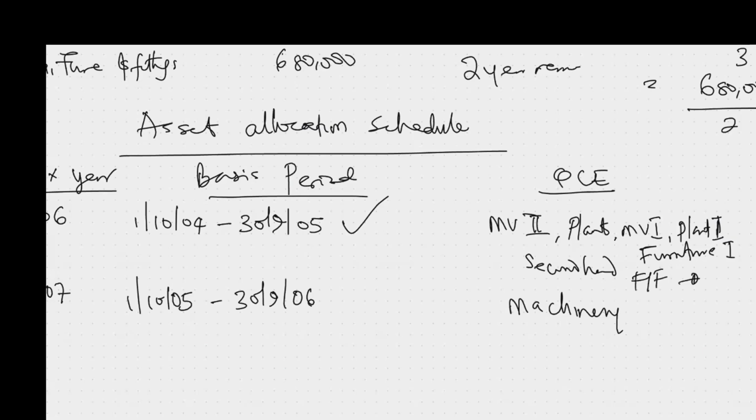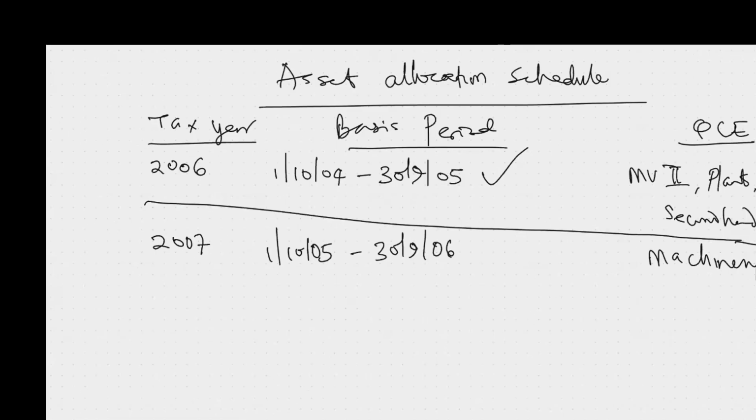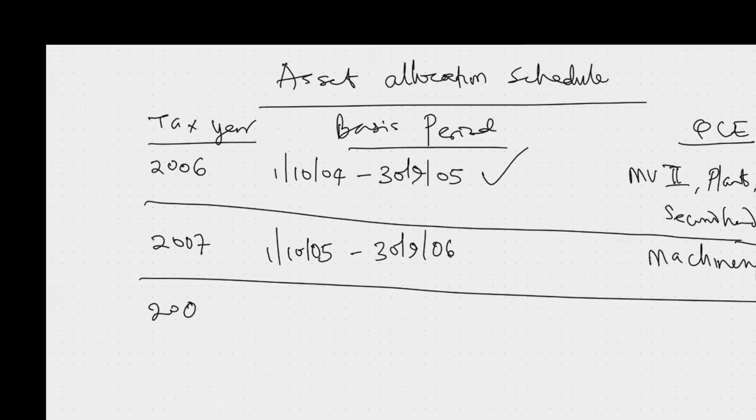Now, disposal. Let's go to disposal. 110, 2006. Will it be here? No. So that means in 2008, 110, 06 to 3907.